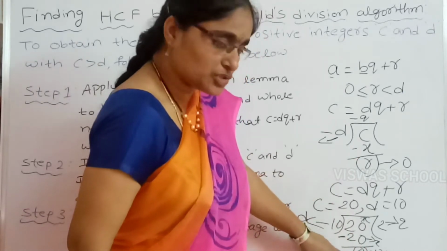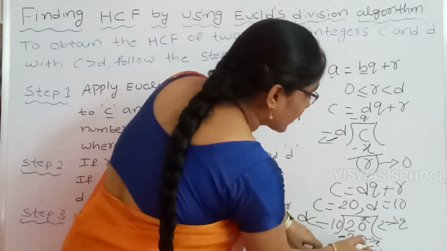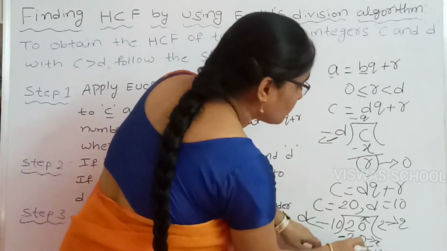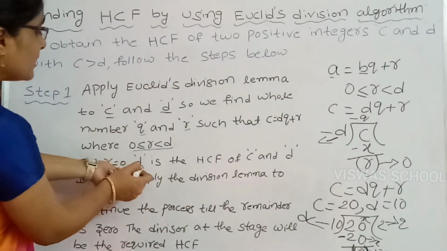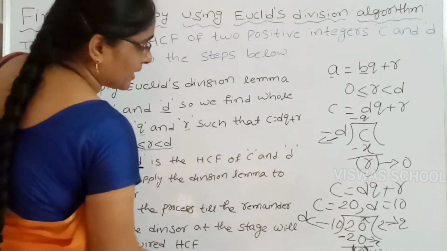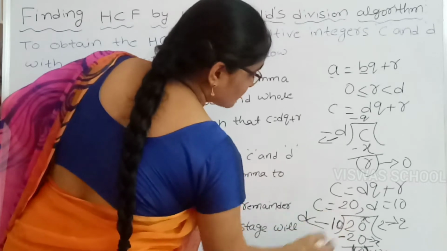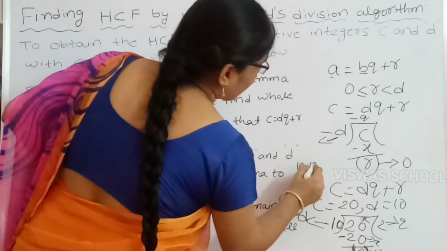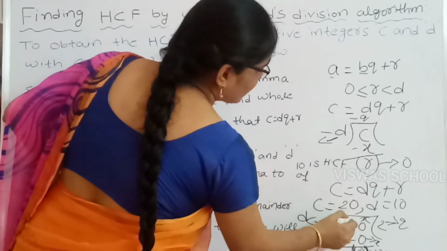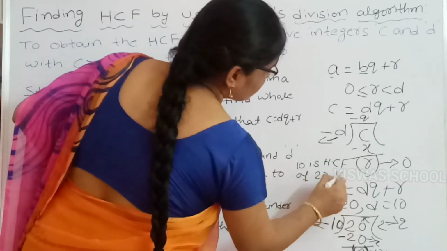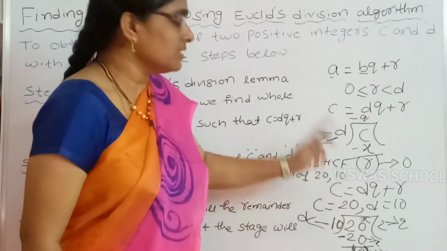The remainder is 0. Here in the first stage itself we get remainder 0, so if r equals 0, d is the HCF of c and d. Here the d value is 10, so 10 is the HCF of 20 and 10.